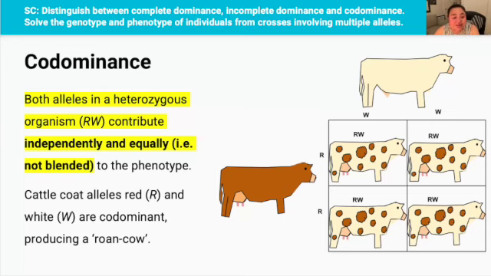For example, the trait of cattle coat color has a codominance pattern of inheritance. In the heterozygote, both red R and white W alleles are expressed together, equally, and independently in the phenotype. And this results in a cattle coat color with distinct patches of red and white hairs rather than a blend of color.